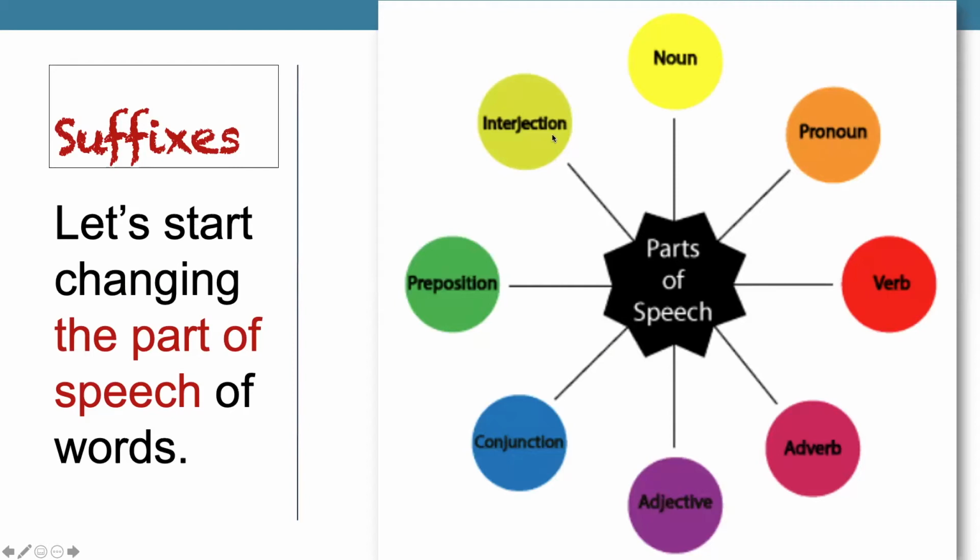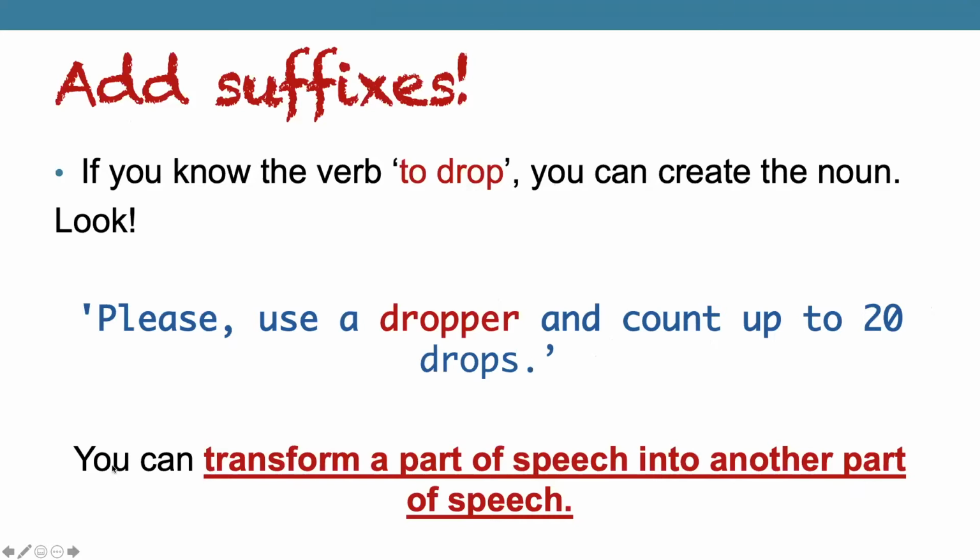So you can add suffixes and change a noun into a verb or into an adjective. You can add a suffix and change a verb into an adverb or a noun. That is the way we are going to be working in this moment. So add suffixes. Let's see an example.